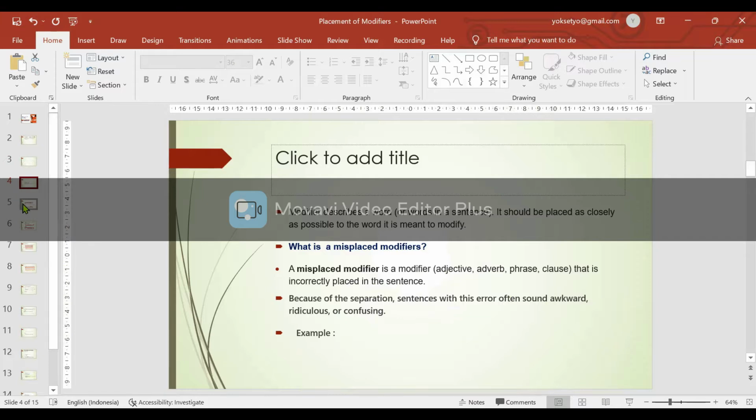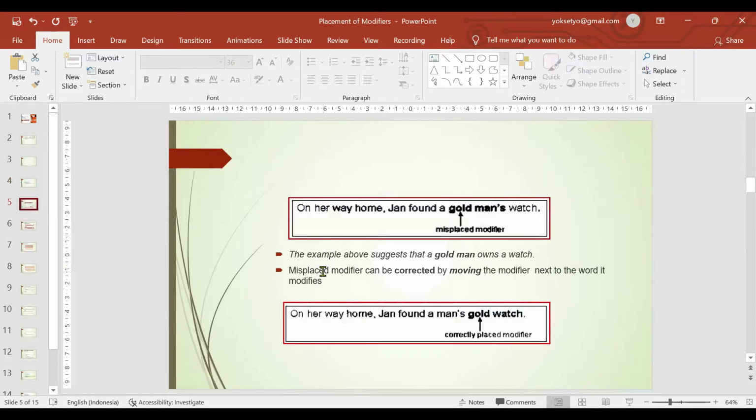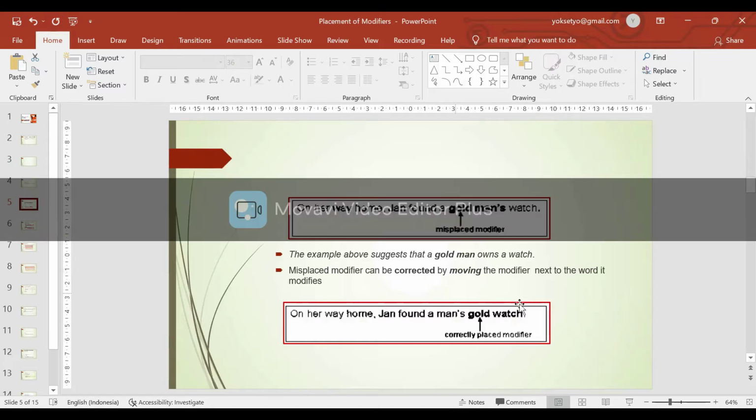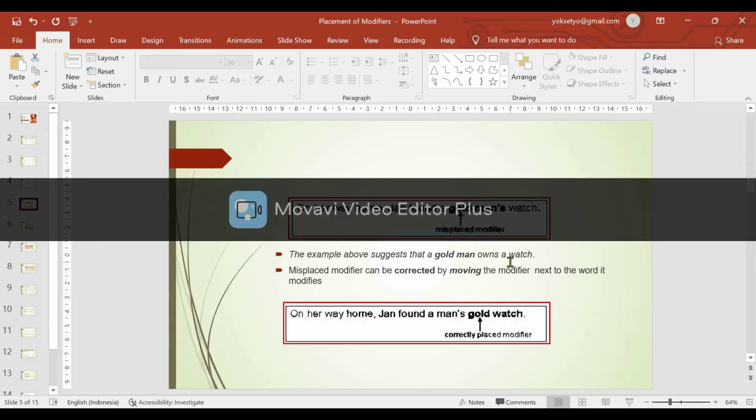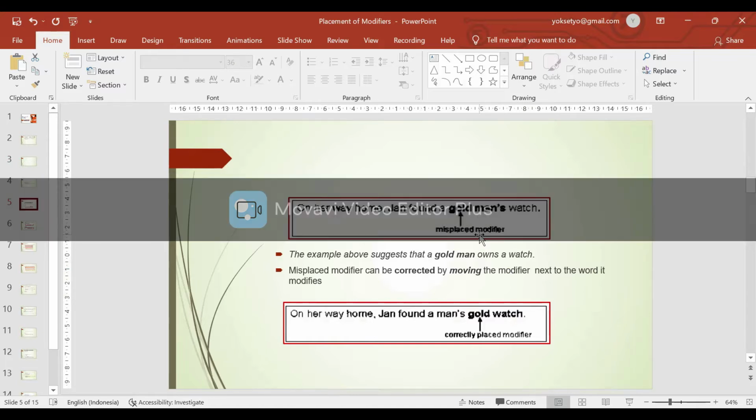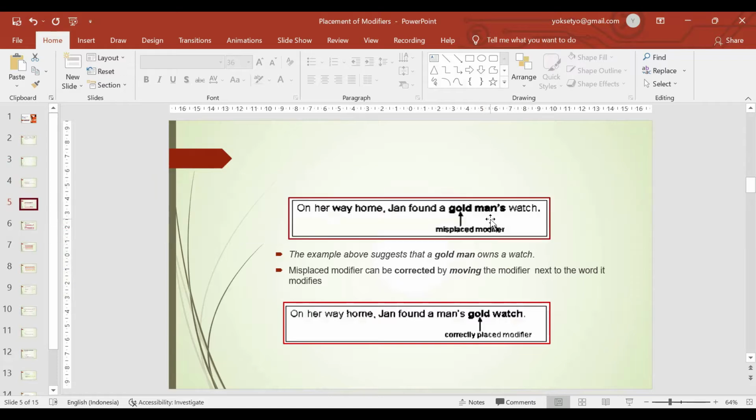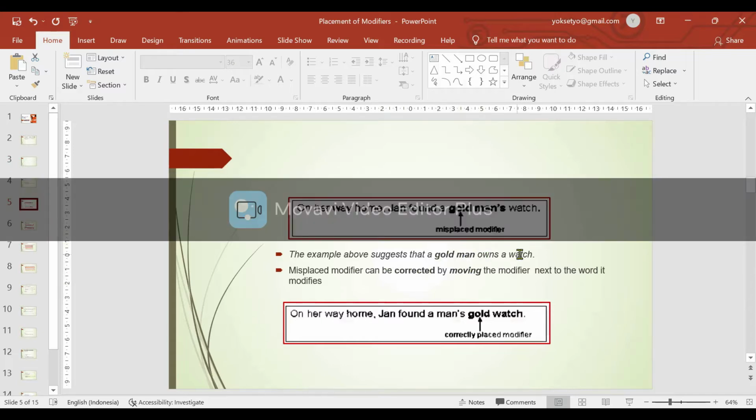Let's see the example. On her way home, Jen found a gold man's watch. There is a misplaced modifier here, because the word gold in this case modifies the man. The example suggests that a gold man owns a watch.